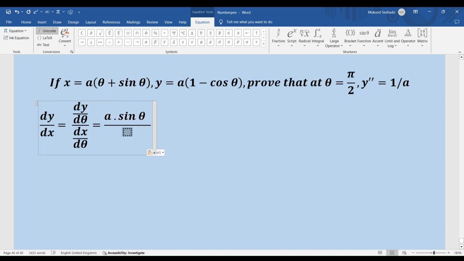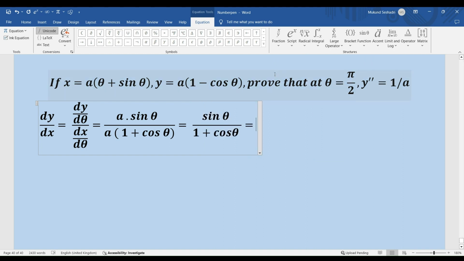And when I come to my denominator, I again have a here. I have a simple application of the sum rule of differentiation, and I get 1 plus cos theta. My a gets cancelled out, and therefore my dy by dx is nothing but sine theta divided by 1 plus cos theta.